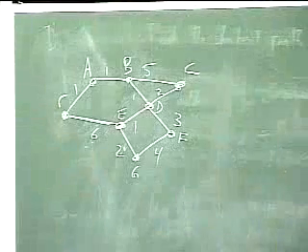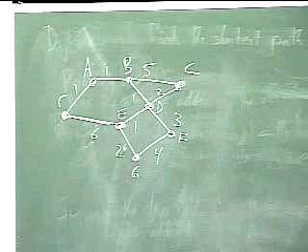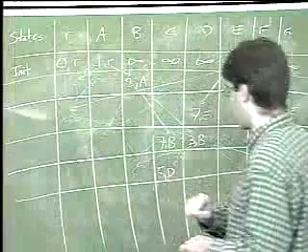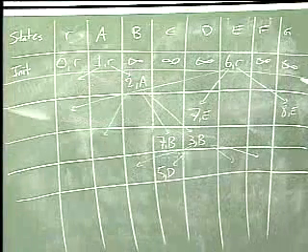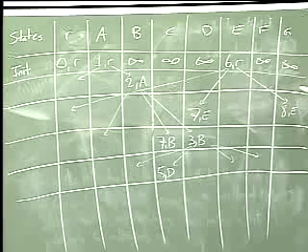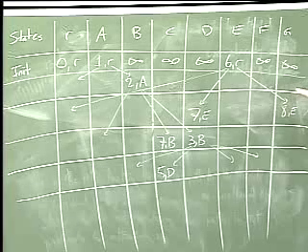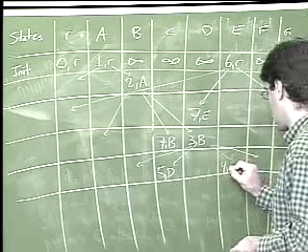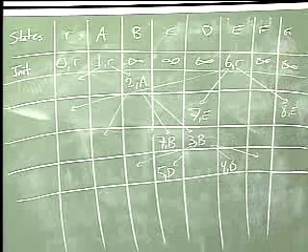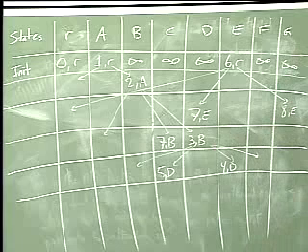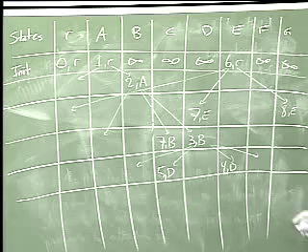So it will change. Okay. E's distance is currently 6. If it goes through D, that drops down to 4. And F's distance is currently infinite, so if it goes through D, its distance drops to 6.